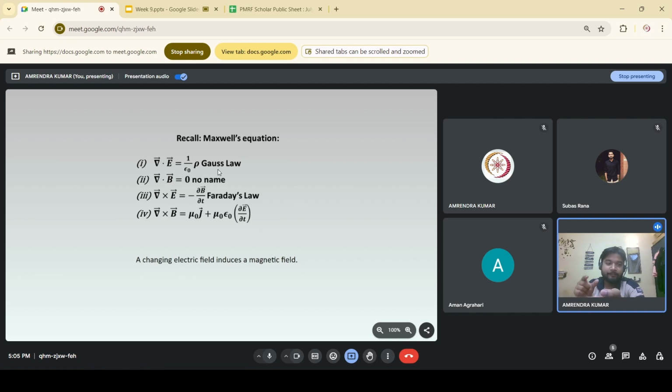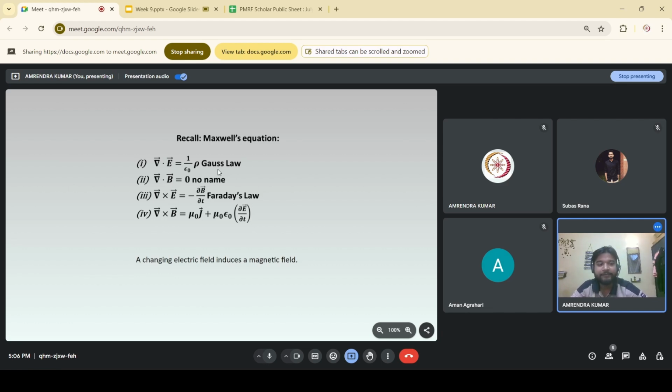Otherwise, you can fix the coil and move the magnet. It's a relative effect. The third thing you can do is change the field strength with time, and you still get a voltage without moving anything.